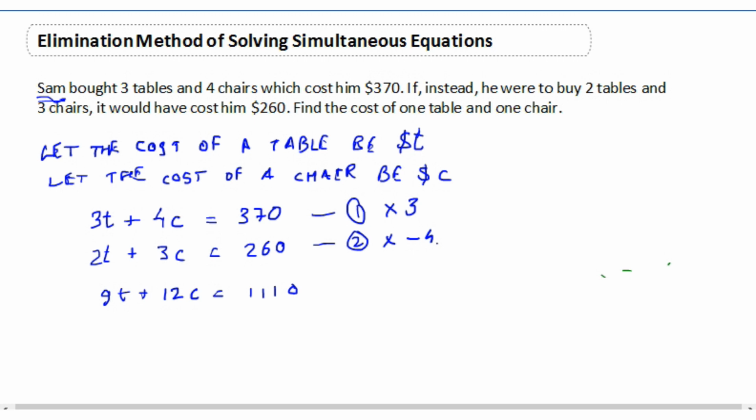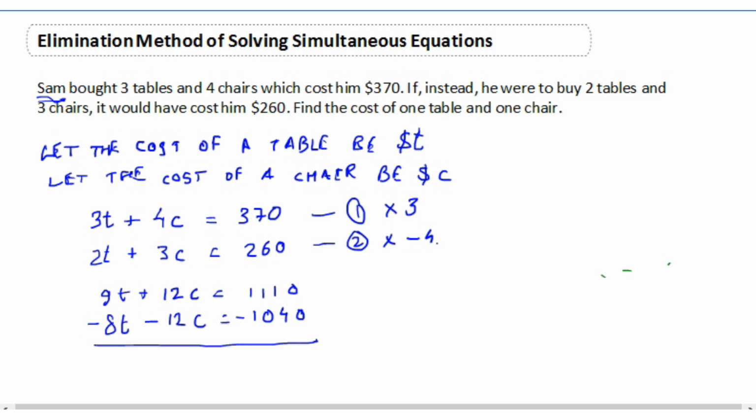So 2t multiplied by -4 gives me -8t. 3c multiplied by -4 gives me -12c, and 260 multiplied by -4 gives me -1040, because there's a negative sign attached to it.